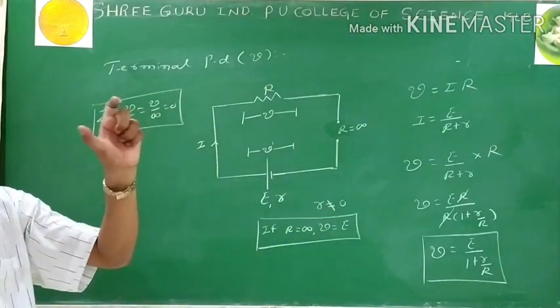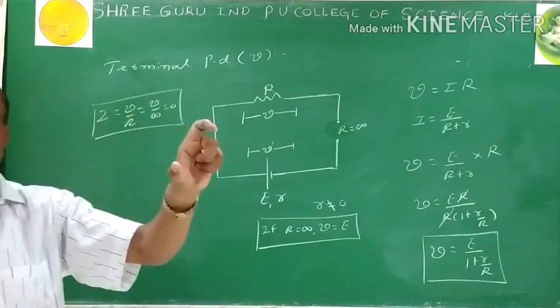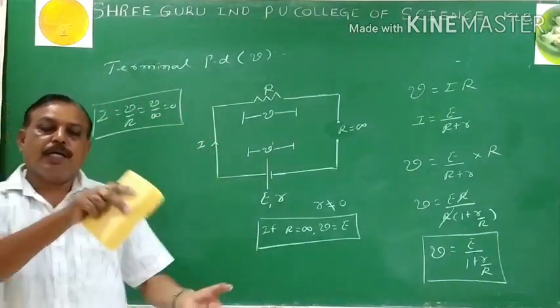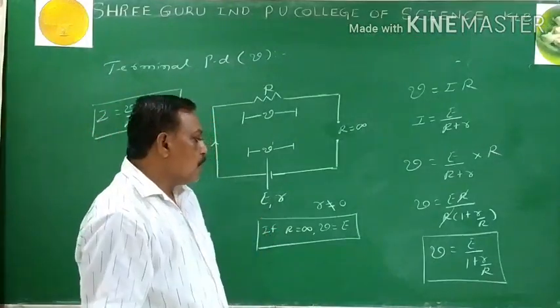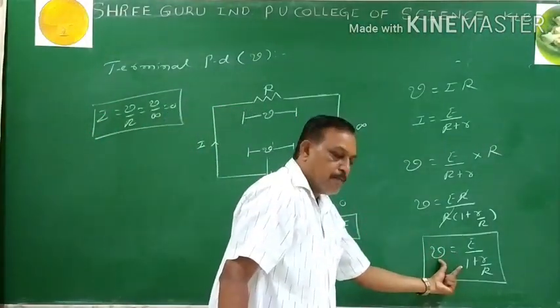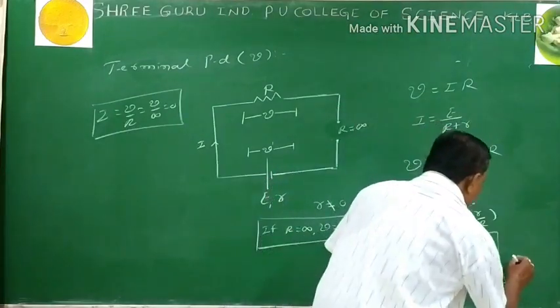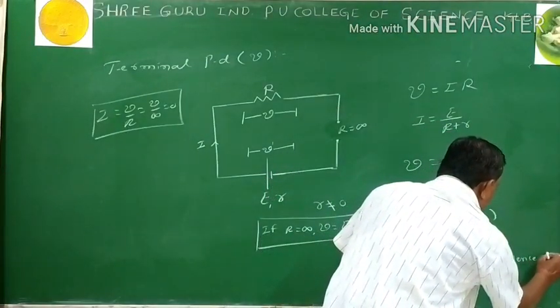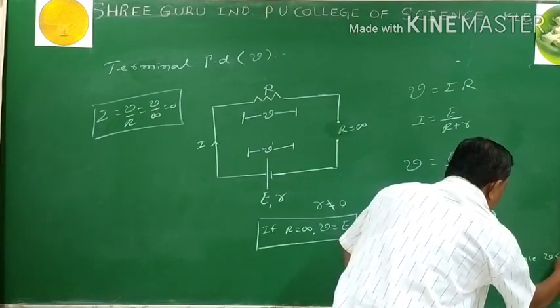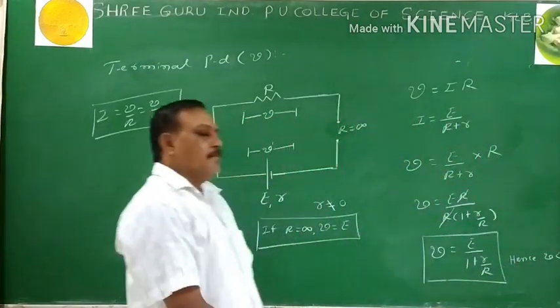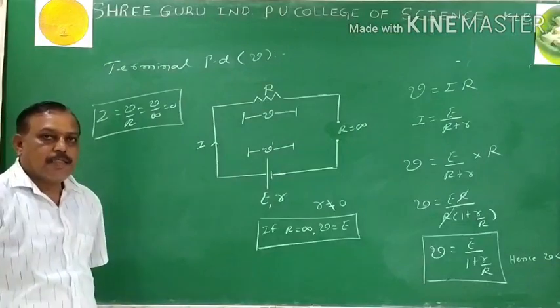When the cell is in your hand, that measures the EMF. When the same cell is connected in the circuit, it gives the potential difference. From this equation, r is not equal to 0. Hence, the potential difference is always lesser than EMF.